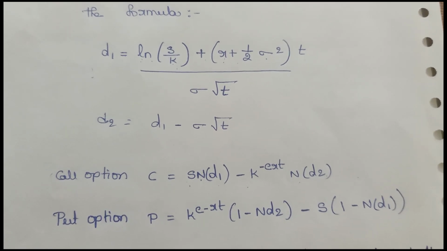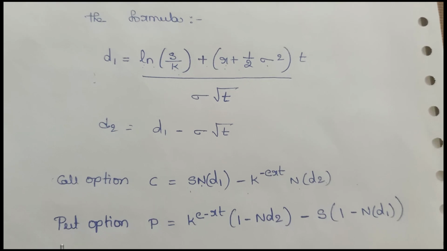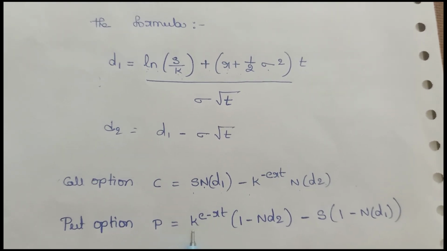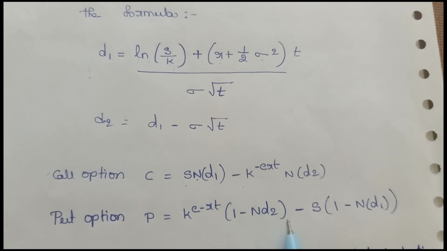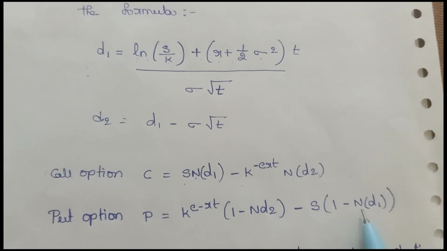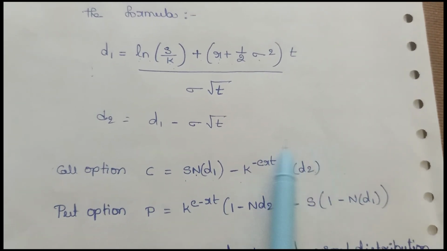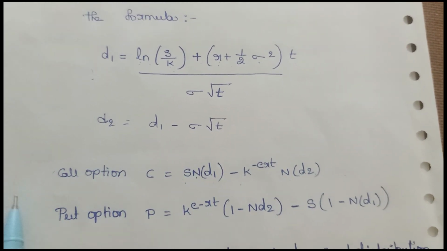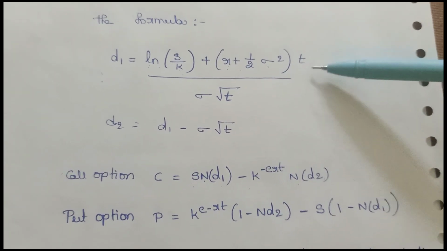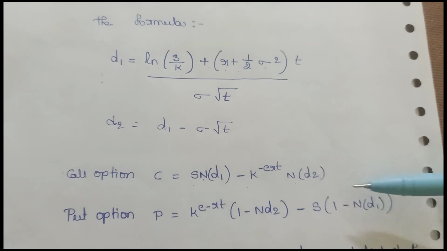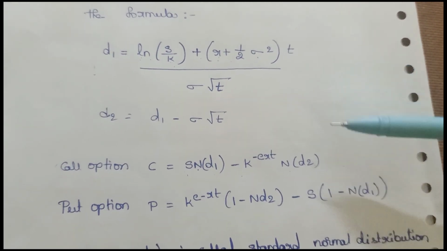When we come to the put option, P is equal to K into e to the power of minus rT into 1 minus N(d2), minus stock into 1 minus N(d1). By using this formula, we can calculate the Black-Scholes model. Without this formula, we cannot calculate. So we must remember this formula to calculate the Black-Scholes model. It is very simple if you practice.